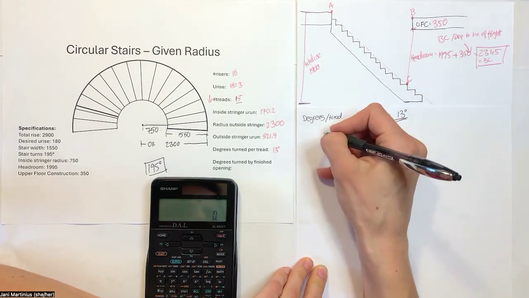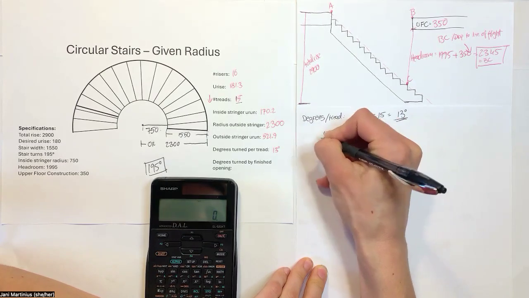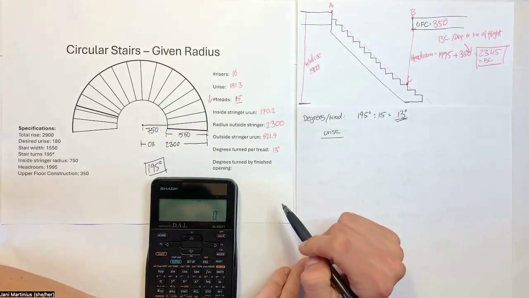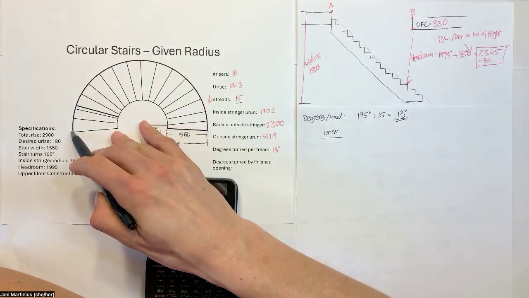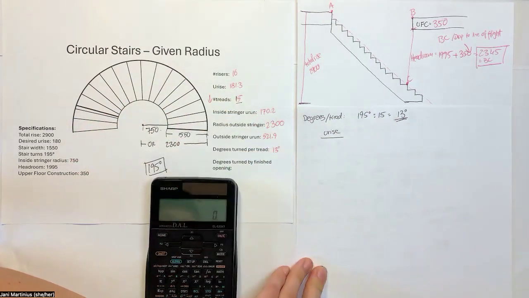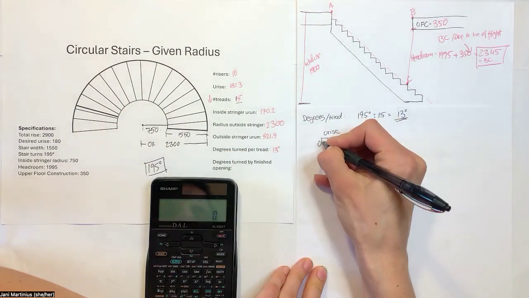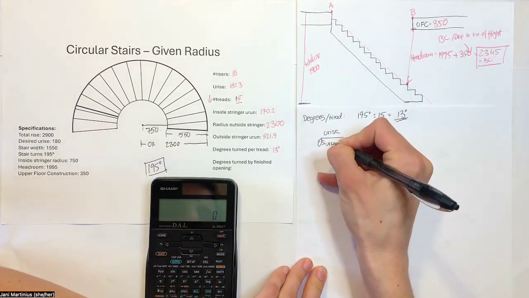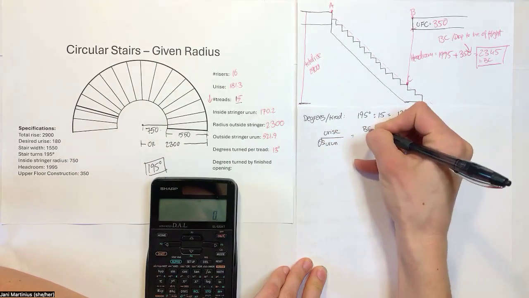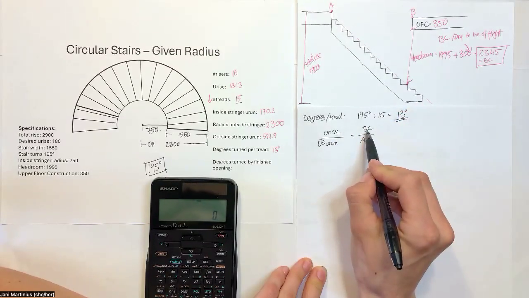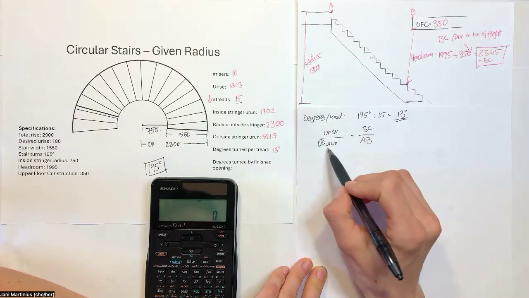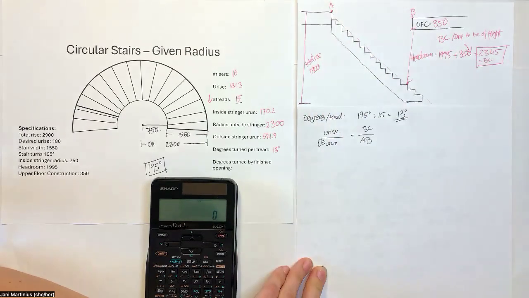So the way she goes is unit rise. And here, because we're looking for the opening, we're looking to work with the outside stringer unit run. So outside stringer unit run equals BC over AB, right? Unit rise is at the top, rise here, and then the run and the finished opening at the bottom.